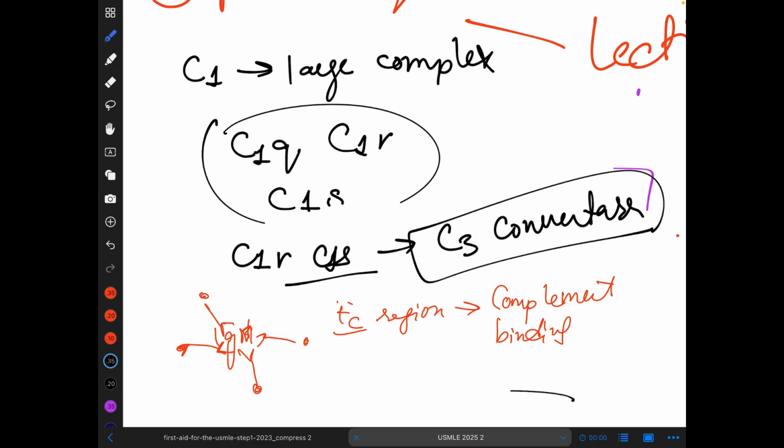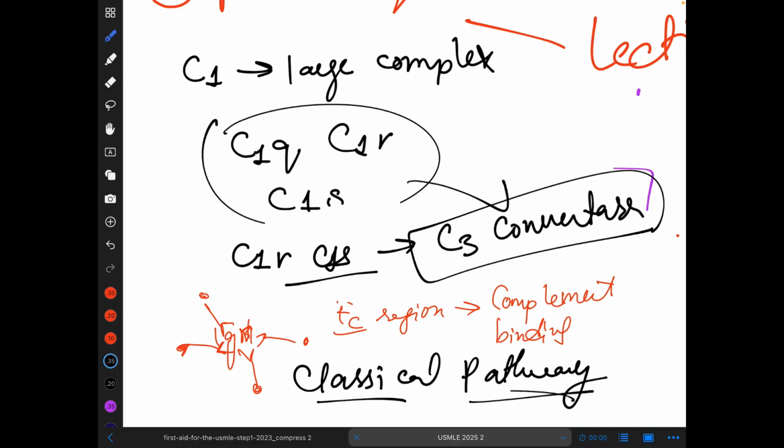In which pathway is it happening? It is happening in the classical pathway for the activation of the complement system, in which we use antibody-antigen complexes. Understand?